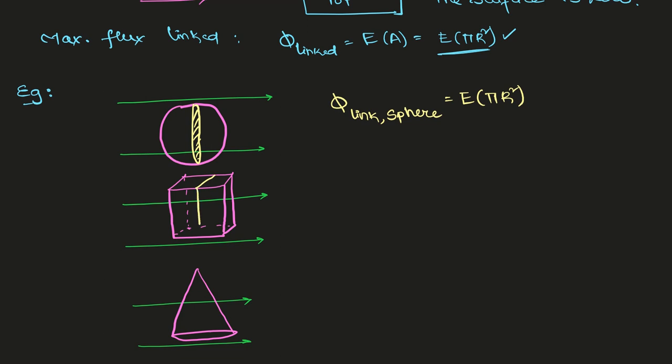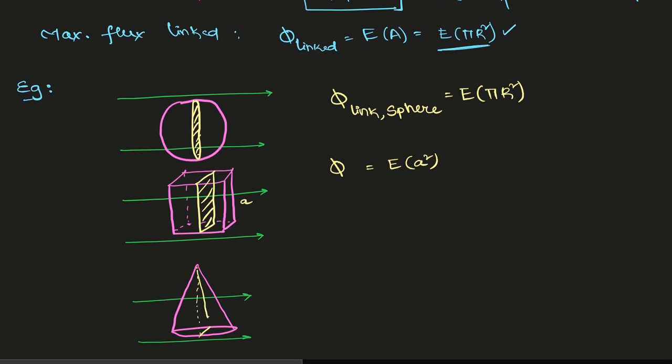For a cube, the cross sectional area will be a square, so the flux linked will be E into A square, where A is the side length. For a cone, the maximum cross sectional area will have the shape of a triangle.